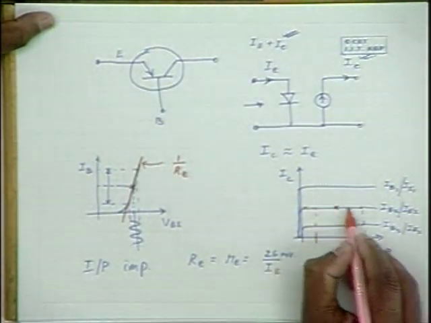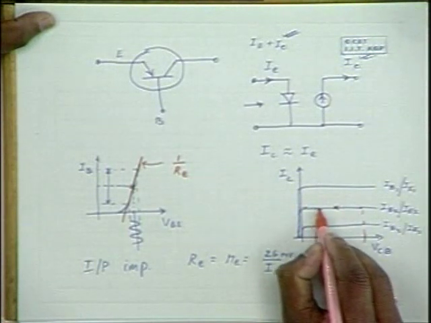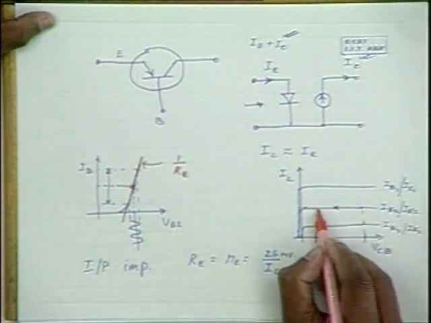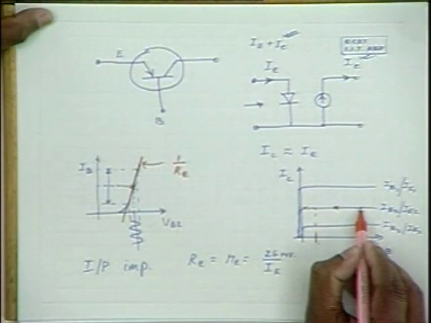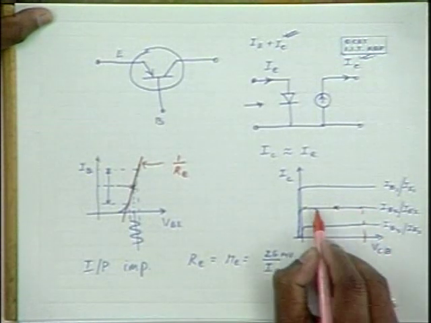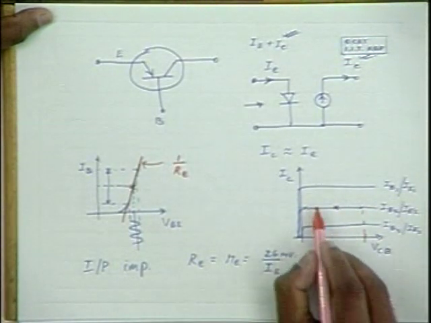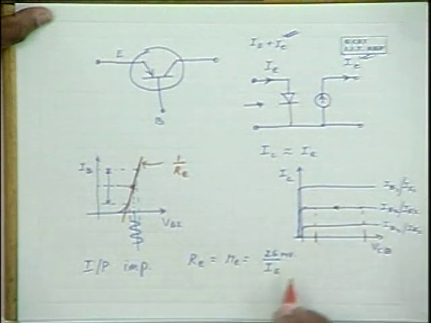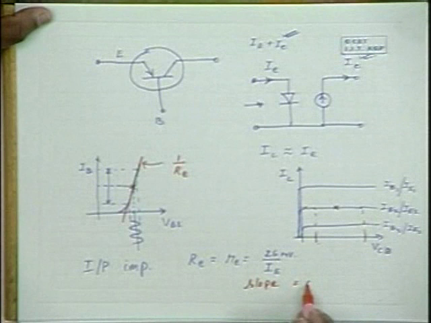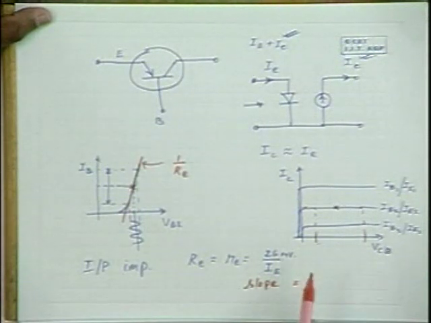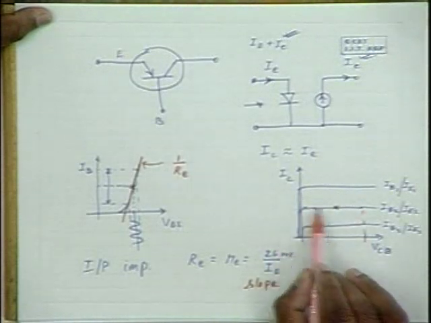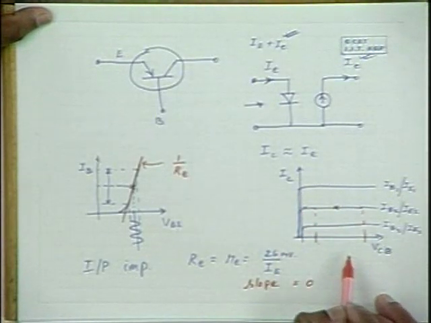Now this curve has some slope. It is not 0, but there is some amount of slope, but the slope is almost 0. So for all practical purposes, you can consider the slope as 0. If the slope is 0, there is no change in the current with voltage change.